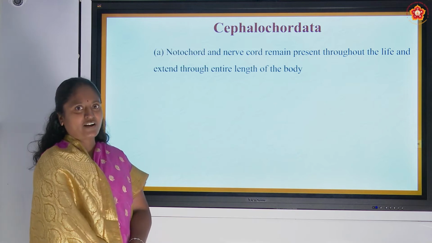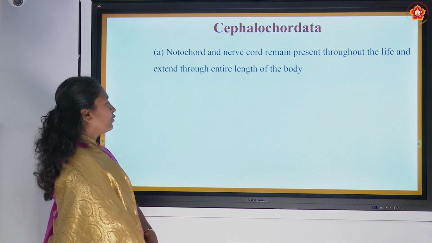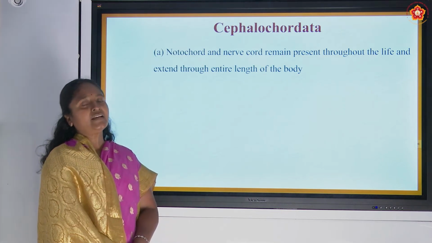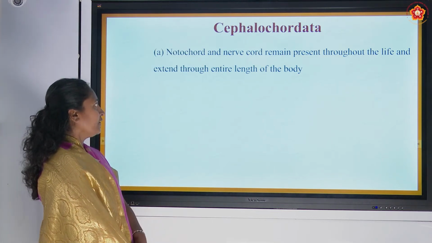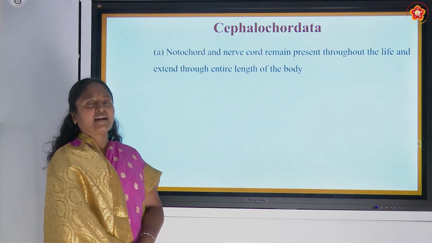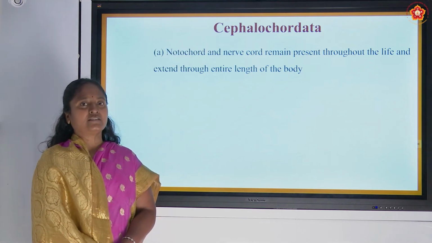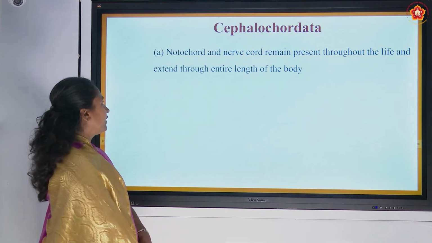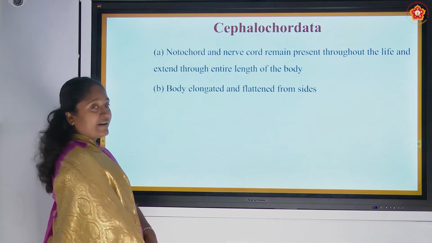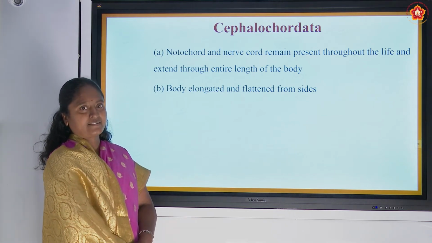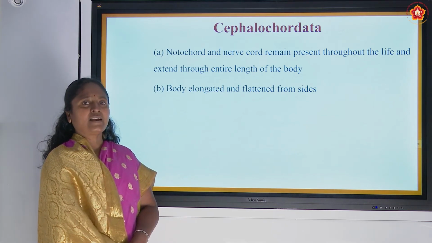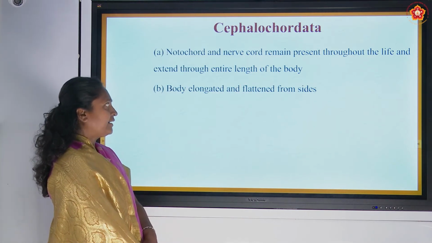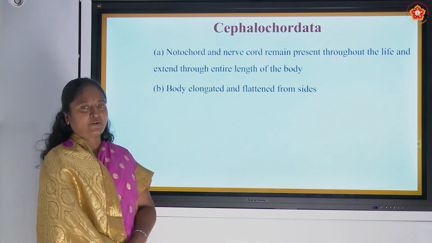Now we will see cephalochordates. In cephalochordates, the notochord and the nerve cord remain and exist throughout life, running through the entire length of the organism, from the head to the trunk. The organisms are like a small needle-like structure, elongated and flattened from side to side.